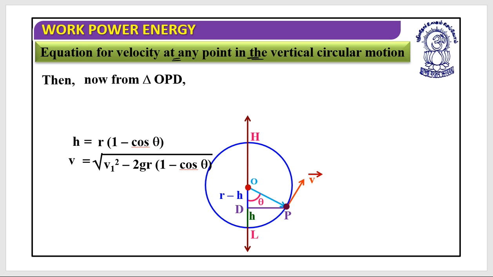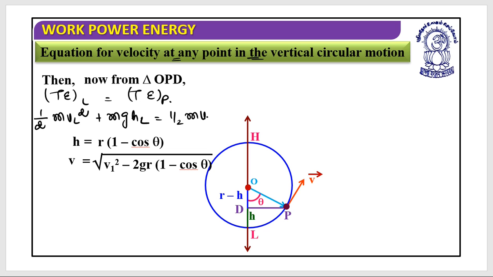What I'm supposed to do is write that total energy at L should be equal to total energy at location P. Total energy at L is half mv_L square plus mgh at location L, which should be equal to half mv square plus mgh.